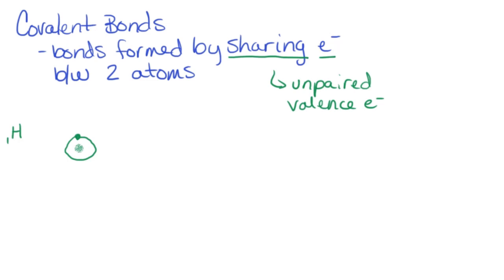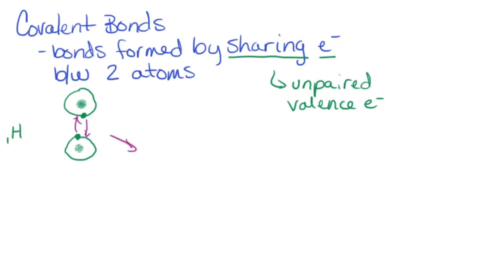One way of doing that is for another hydrogen atom, and I'm going to draw it right here, which is also going to have 1 unpaired electron. What these two can do is this hydrogen can share its electron with this one, and this one can share its electron up there.